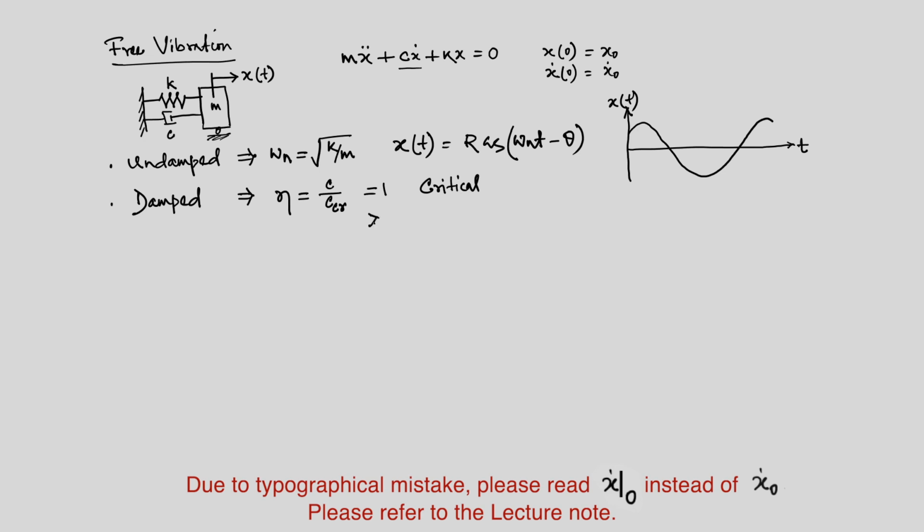If it is greater than 1, we have an overdamped system. And if it is less than 1, we have an underdamped system.